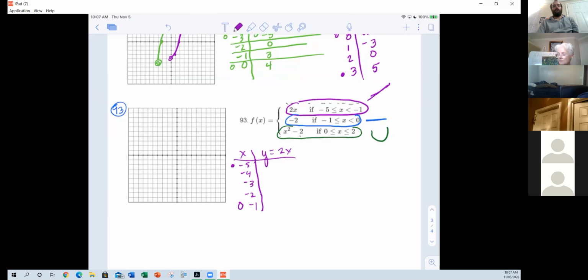Stop me, guys, if I'm doing something you don't like. So 2 times -5 is -10. 2 times -4 is -8. -6, -4, -2. So let's graph that piece. -5, -10. -4, -8.